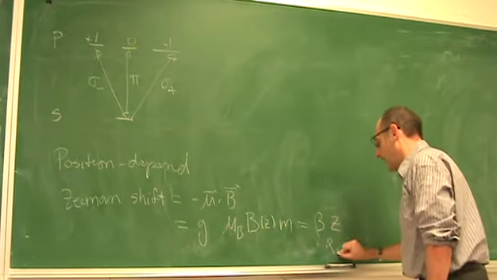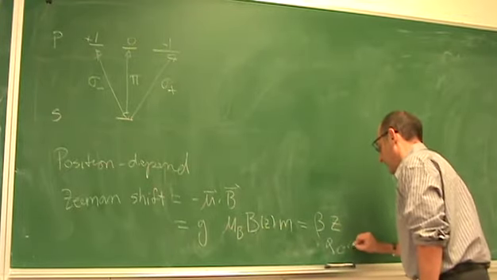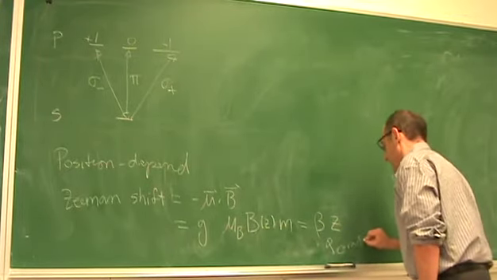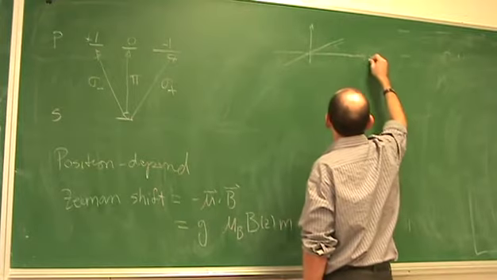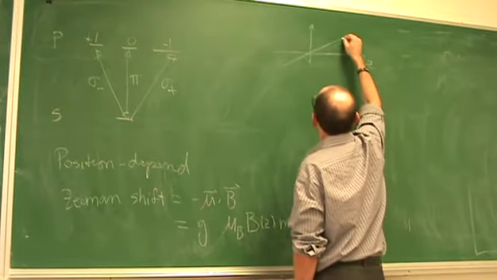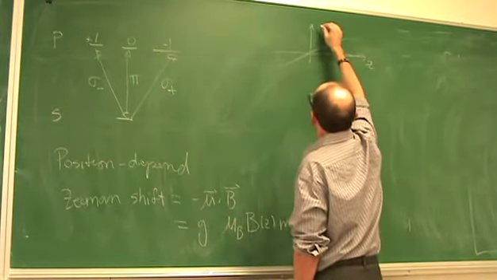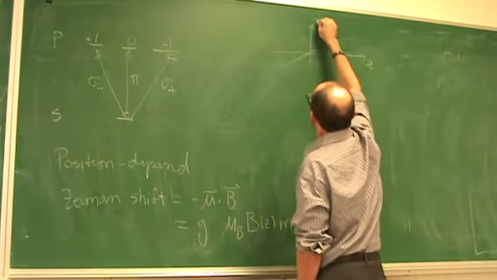I have a gradient, as was suggested, in the magnetic field. So the magnetic field as a function of position, it does something here. It falls off eventually, but B as a function of Z.